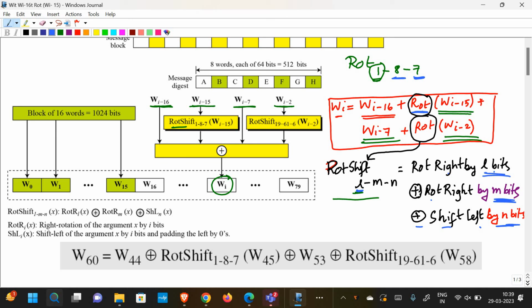That means whenever this WI minus 15 comes in, which is a 64-bit configuration, from that 64-bit configuration, first you rotate right by L bits, then M bits, you rotate right once again after the operation is done. Last one, shift left by N bits. So that whole configuration is what is being fed over here.